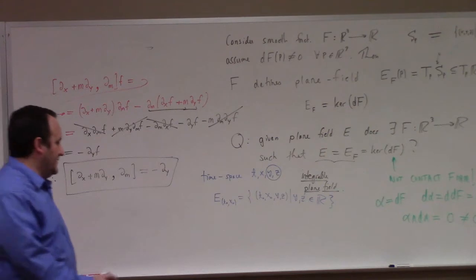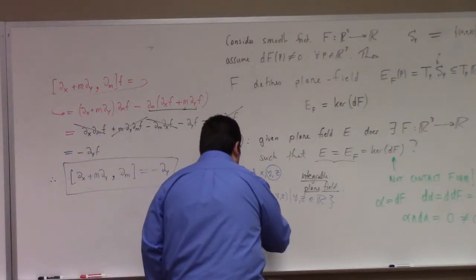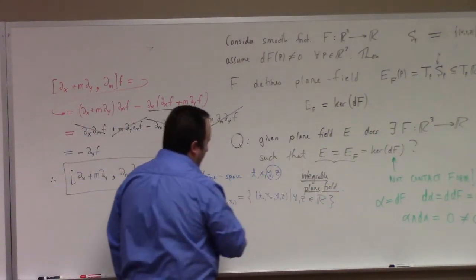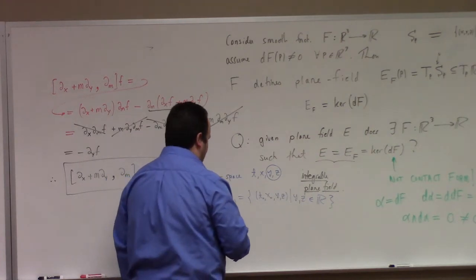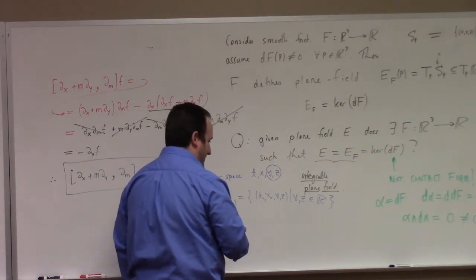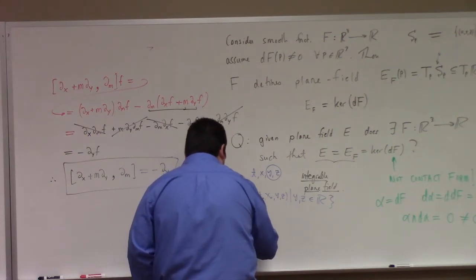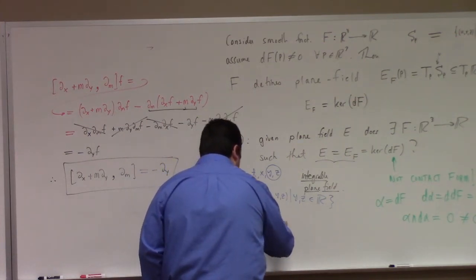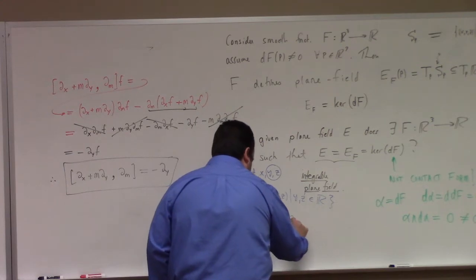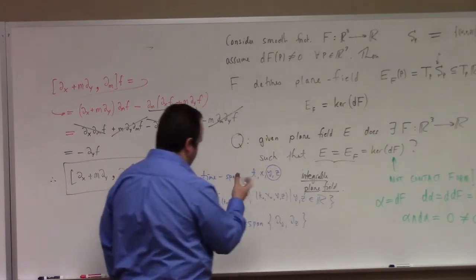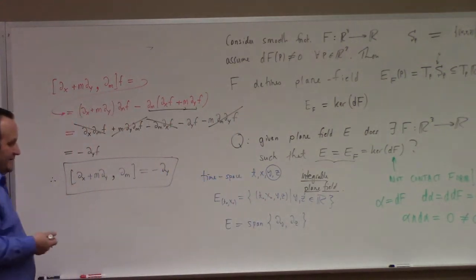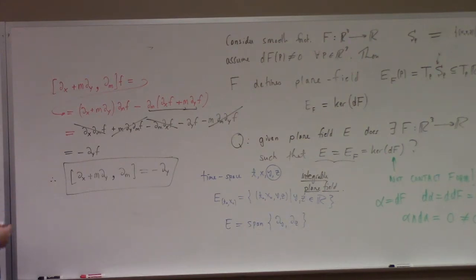It's a leaf in the foliation. I shouldn't say that. E, I'm thinking as the span of partial y and partial z, basically here. That's what I'm trying to get at. I don't think I've gotten at it, but that's the distribution I'm thinking about, right?